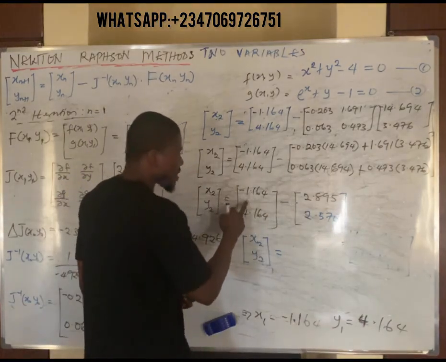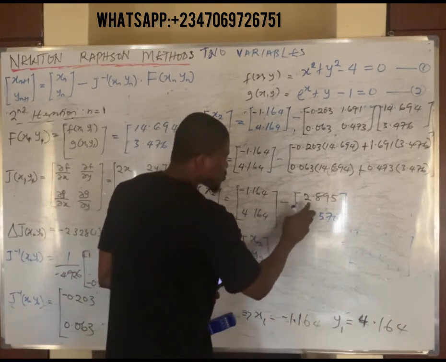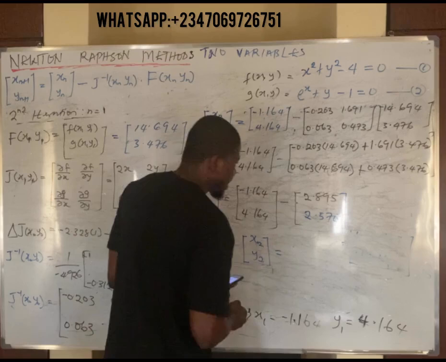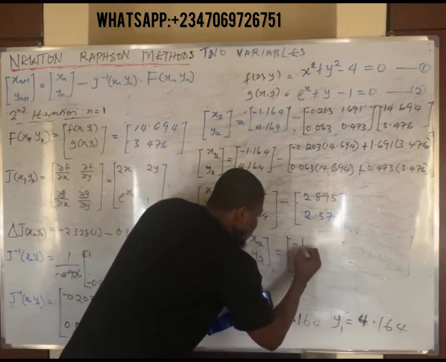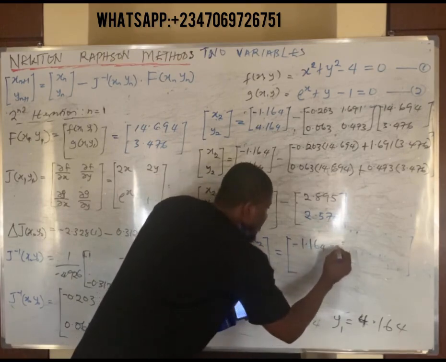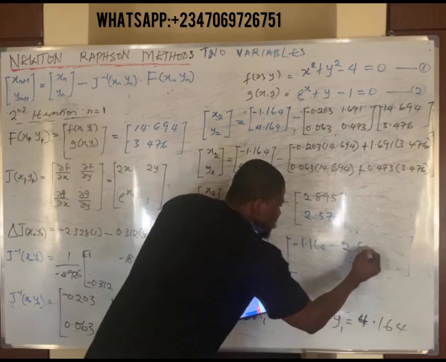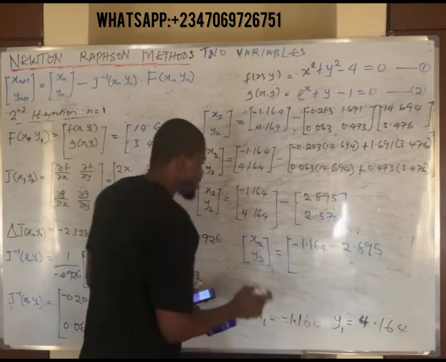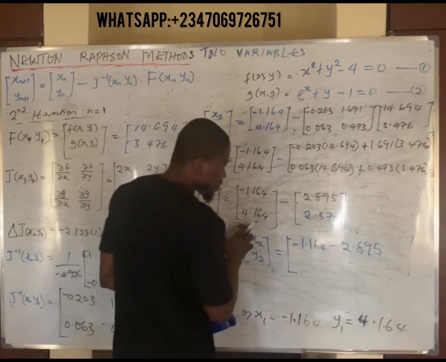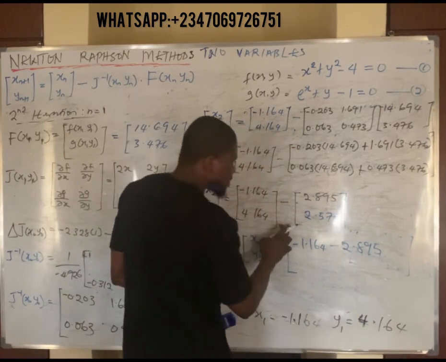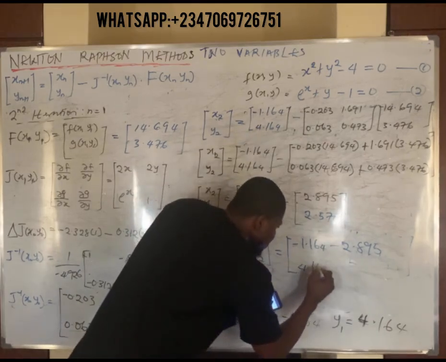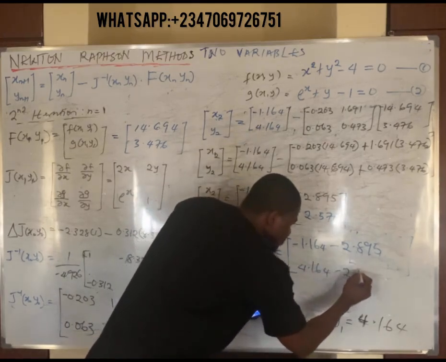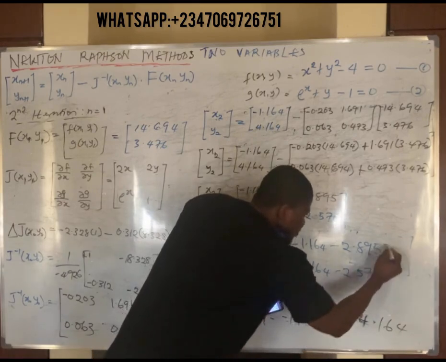So I have negative 1.164 minus 2.895. Same, I have 4.164 minus 2.570.